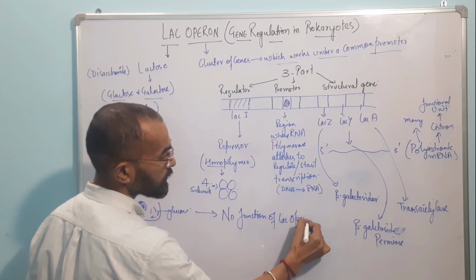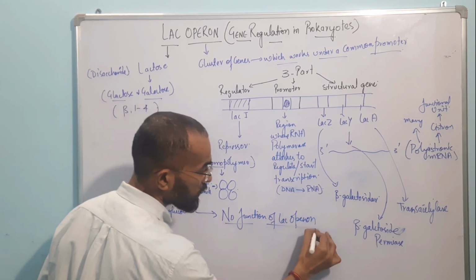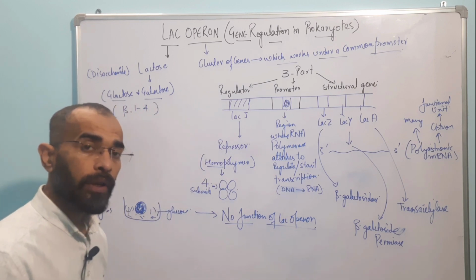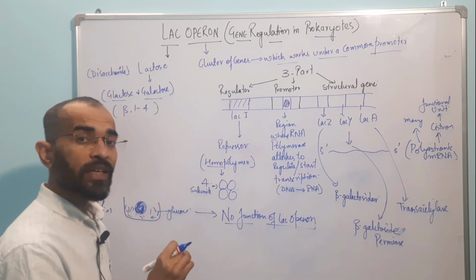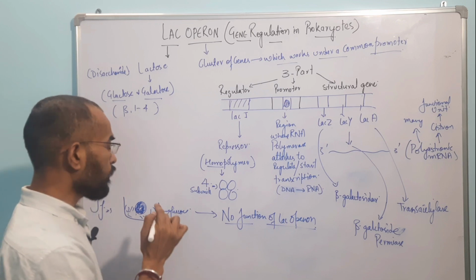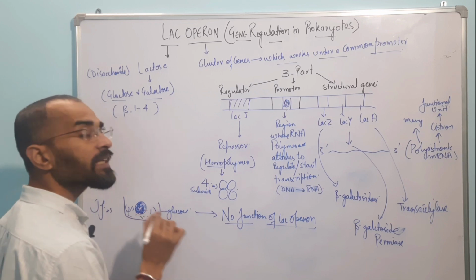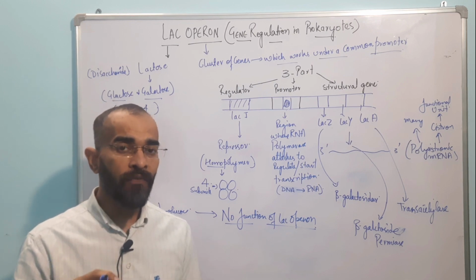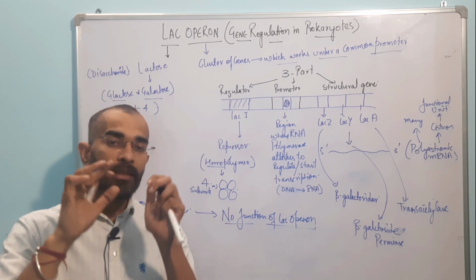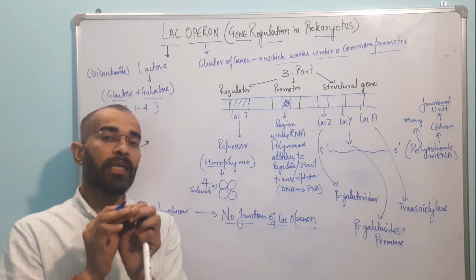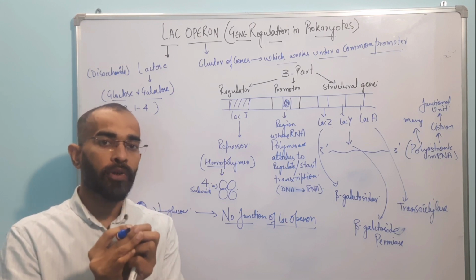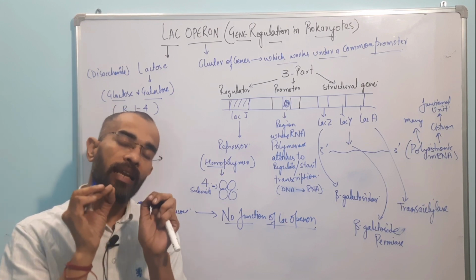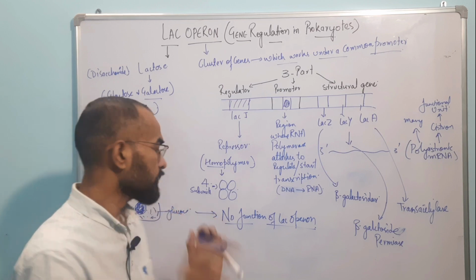That means there is a non-functional operon. The lac operon is non-functional in the presence of any medium other than lactose. We can say that the lac operon is non-functional if the substrate present outside the prokaryotic cell is other than lactose. Simply we can say that, okay?